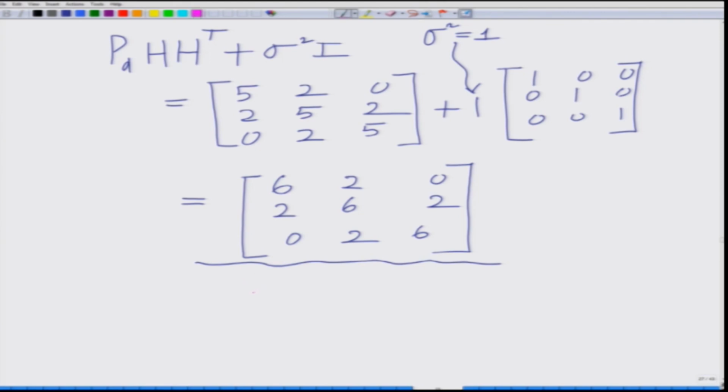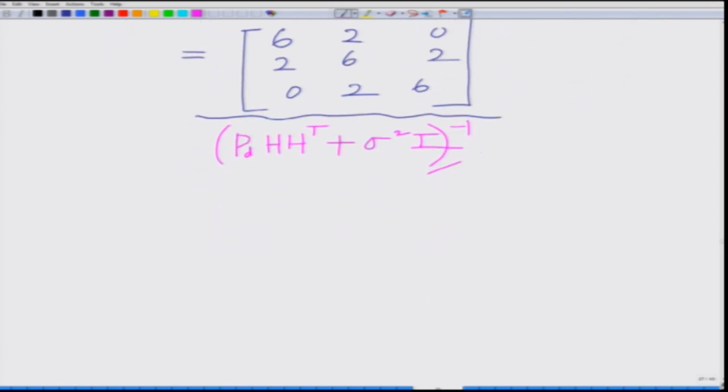This is your PD times H transpose plus sigma square identity matrix, inverse. So, we have computed until this part, that is PD times H transpose.